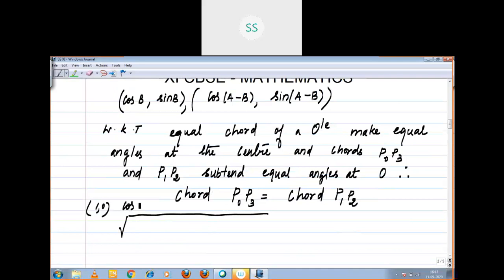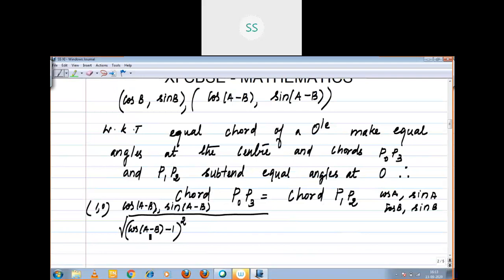Square root of x1 minus x2. What is your P0? (1, 0). What is your P3? Cos(A minus B), sin(A minus B). Got it? Here, what is your P1? Cos A, sin A. What is your P2? Cos B, sin B. Using the points, we are going to calculate.